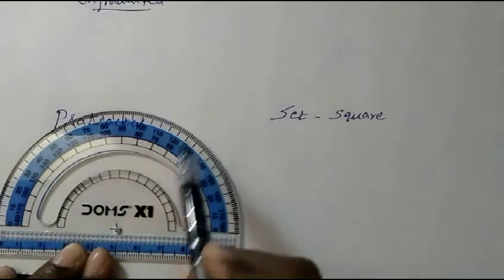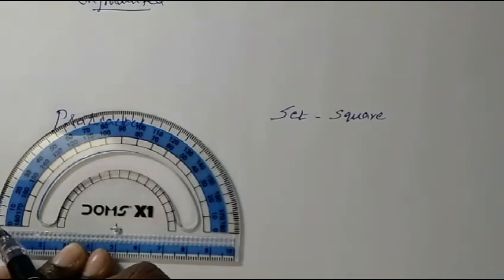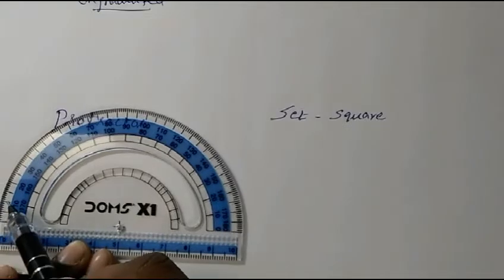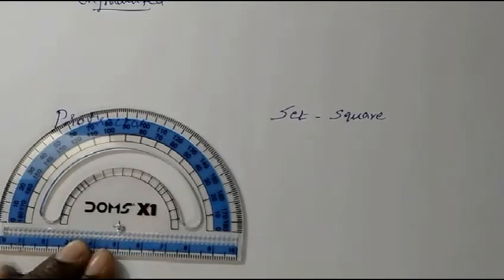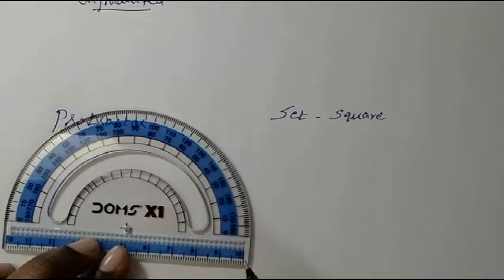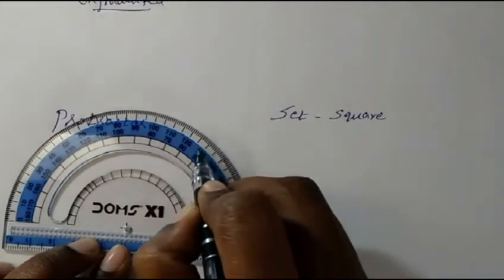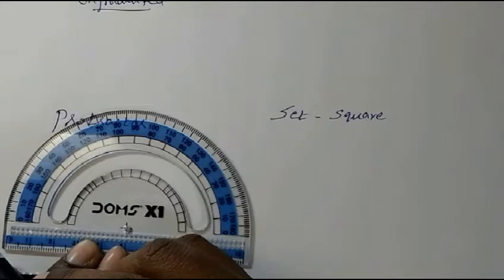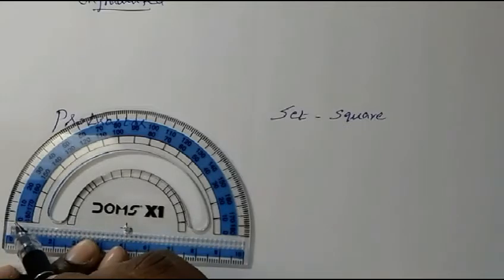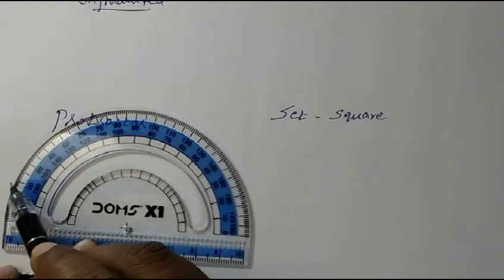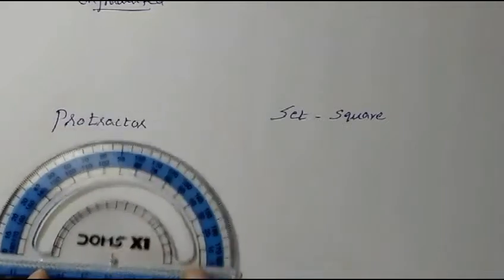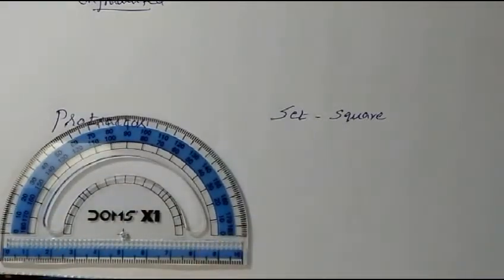You have to always look where the 0 is, and starting will always be with 0. So if you are starting from here, you look at the side where 0 is. This is 0 degree, 10, 20, 30, 40, 50 degree. If you are starting from the other side, then you see where 0 is and start 0, 10, 20 like this. So this is called the protractor.